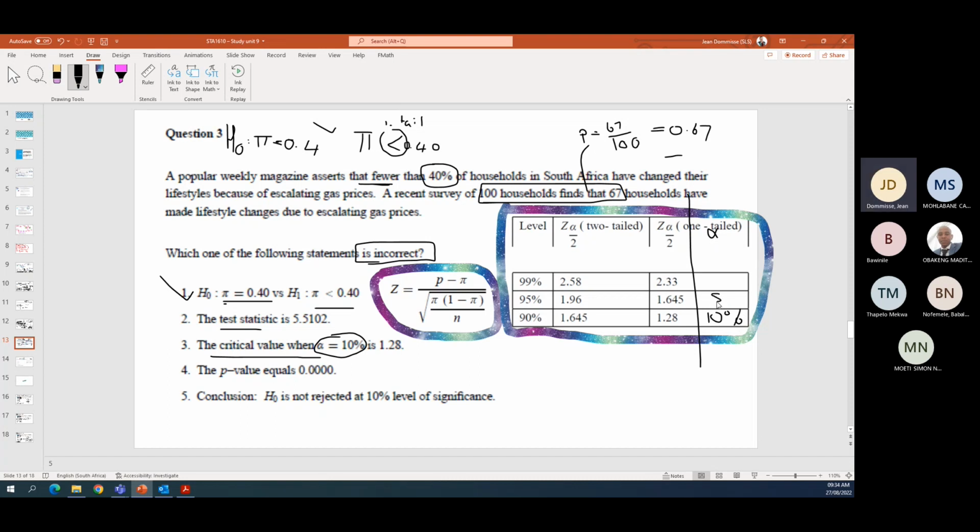The alpha here is 5%. The alpha here is 1%. Okay, so we're looking at 10%, so we know it is this one that we're looking at. We know it's one tail, so we're not working with that. We're working with one tail, so it is 1.28, which is correct.